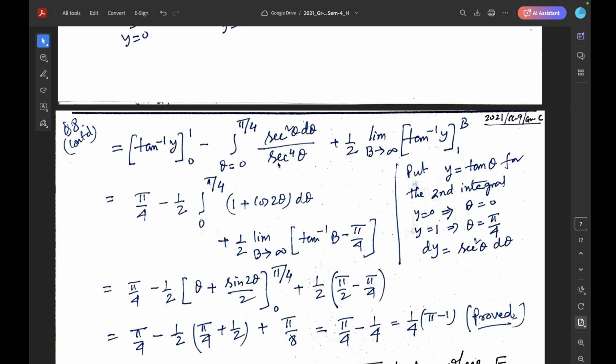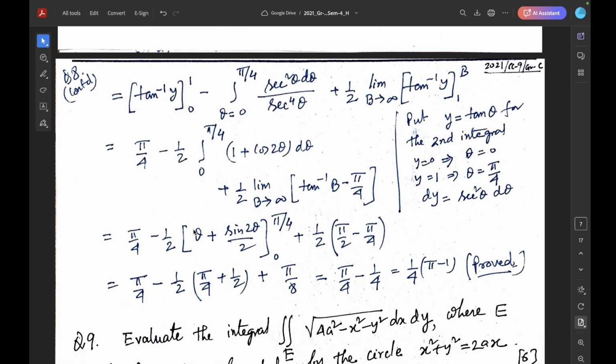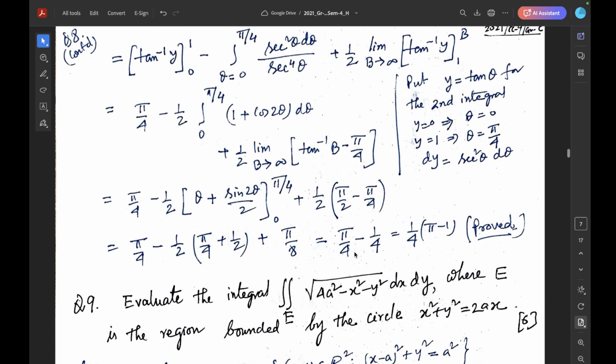Because this is 1 by sec square theta, and 1 by sec square theta means cos square theta, we can write 1 by 2, (1 plus cos 2 theta). Integrating, we get theta plus sin 2 theta by 2, in this limit. After simplification, we get (pi minus 1) by 4. The result is proved.